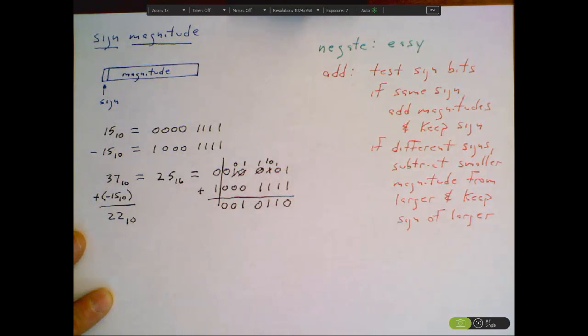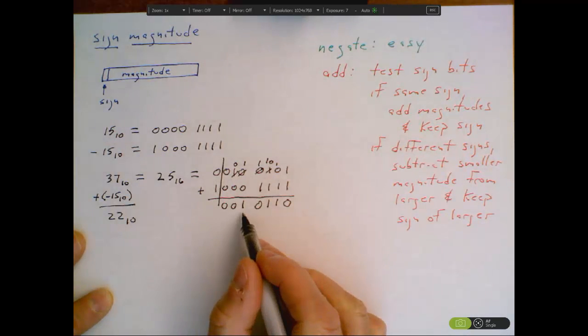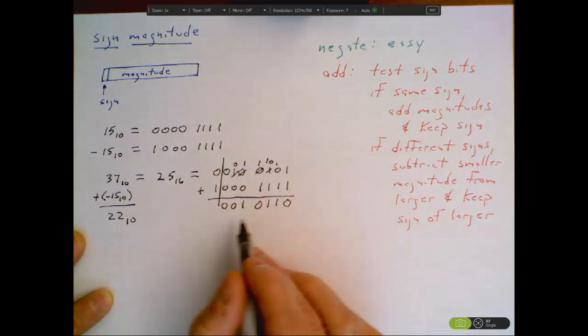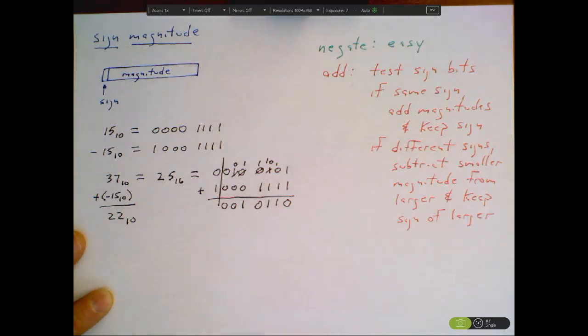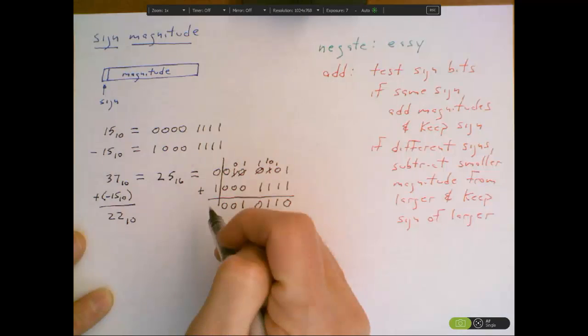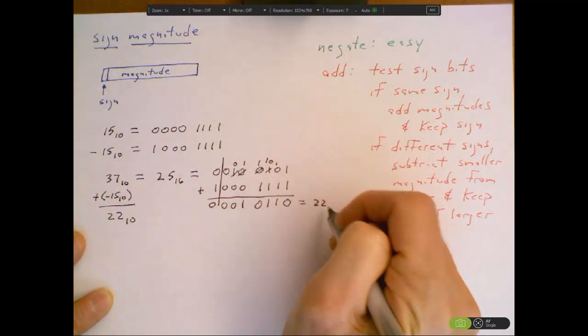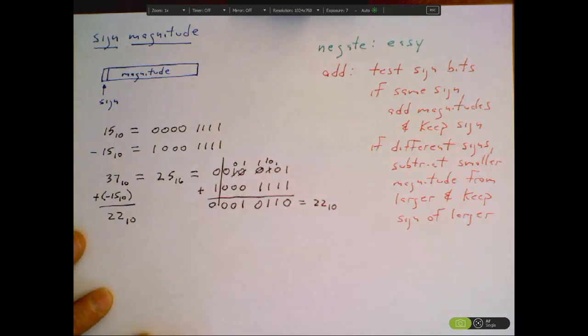Let's just check that, make sure I didn't make a mistake there. I've got 16, 4, and a 2, which is 22. And the sign is the sign of the bigger magnitude, in this case positive. So in fact, I was able to do it correctly.